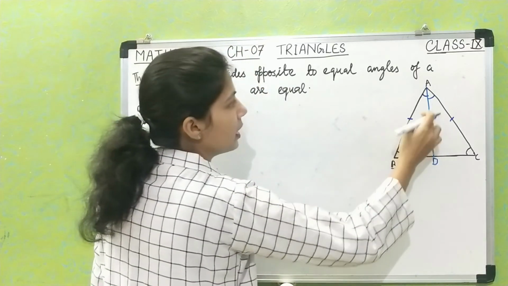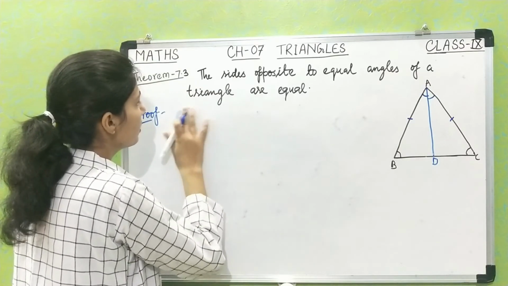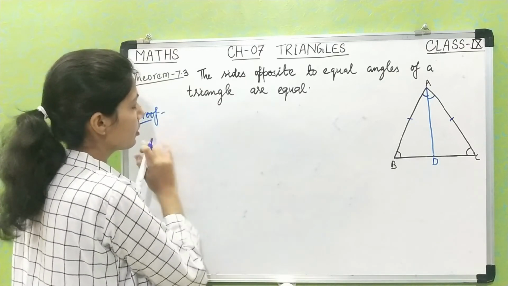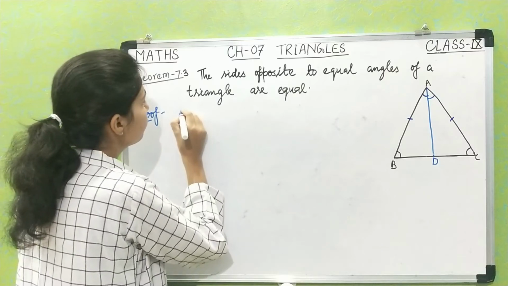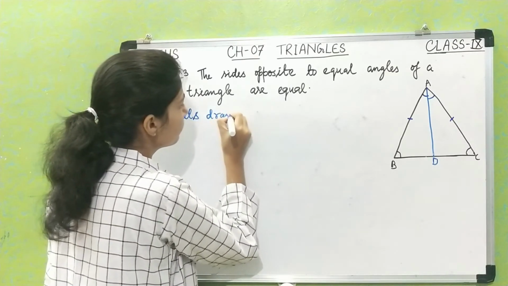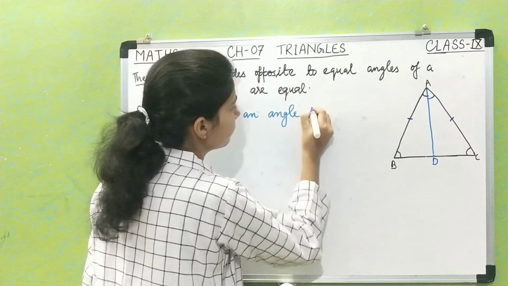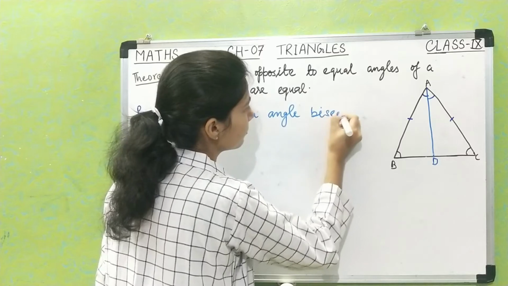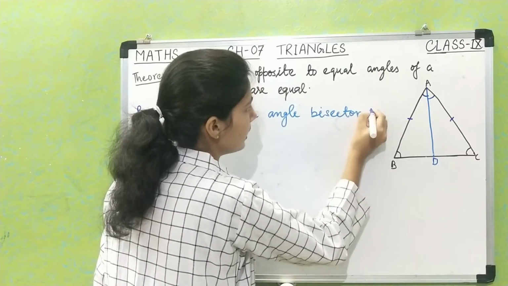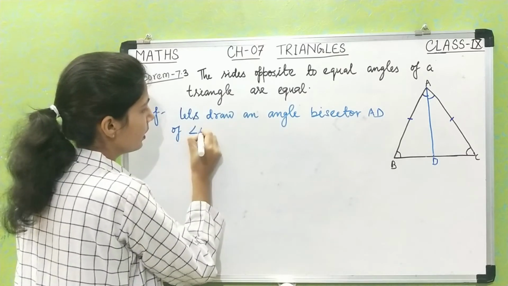So in triangle ADB, first we have to write what we have constructed here. Let's draw an angle bisector AD of angle A.